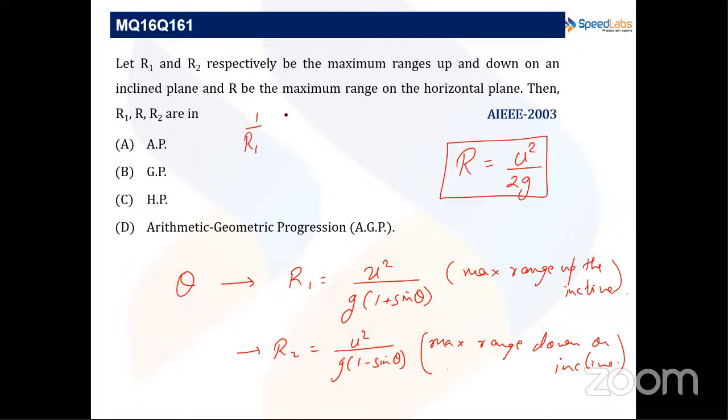If we find the value of 1 upon R1 plus 1 upon R2, we have g(1 plus sine theta) upon u square plus g(1 minus sine theta) upon u square. From this, you would get 2g upon u square, which is 2 upon R. So these three terms are in HP. So the correct answer is C.